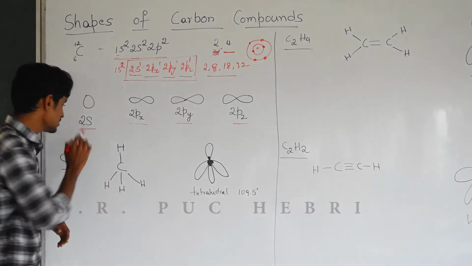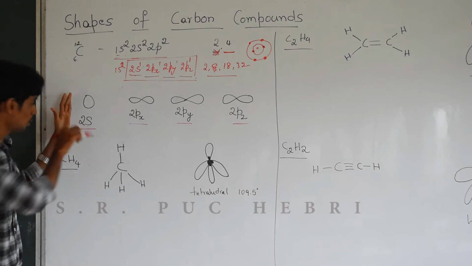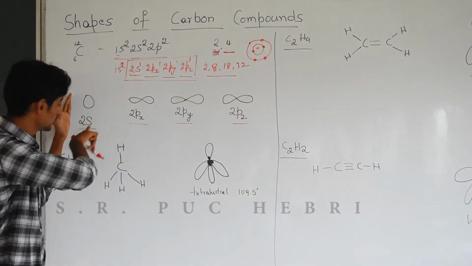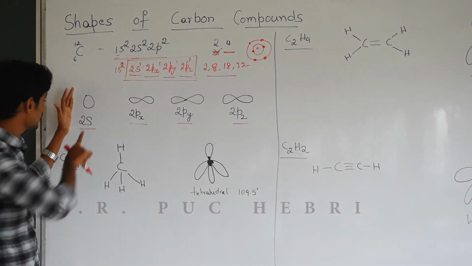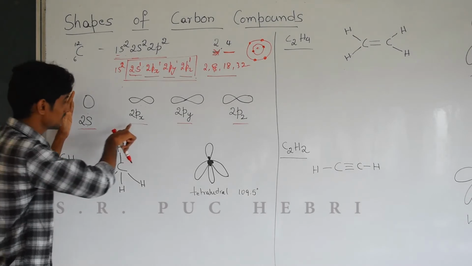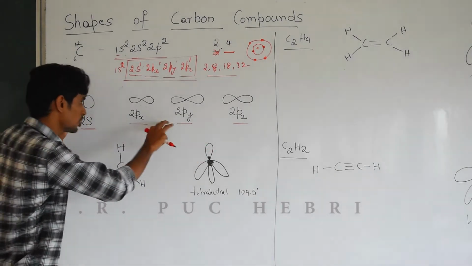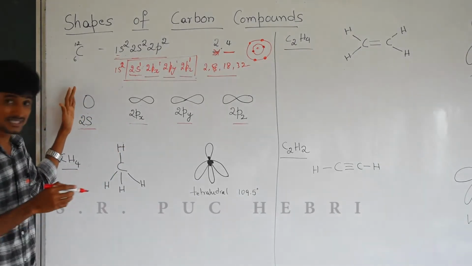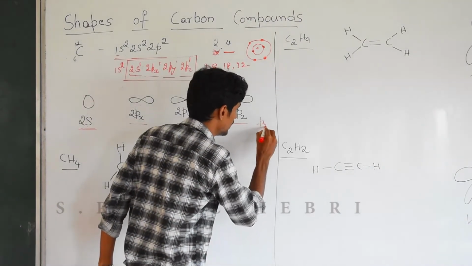Remember, they mix and form a new hybrid orbital. Here I am telling the number of orbitals: the 2s is 1 orbital, quantity 1, and p has quantity 3. So these 4 orbitals are going to mix, and if they mix each other, then that is called sp3 hybridization.